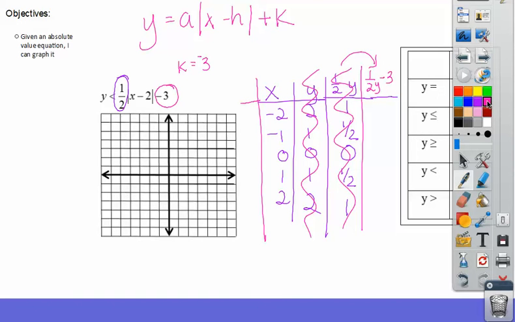So 1 minus 3 is negative 2, negative 1.5, negative 2.5, negative 3, 1 minus 3, yes, half minus 3, yes, 0 minus 3, 1 minus 3 is negative 2.